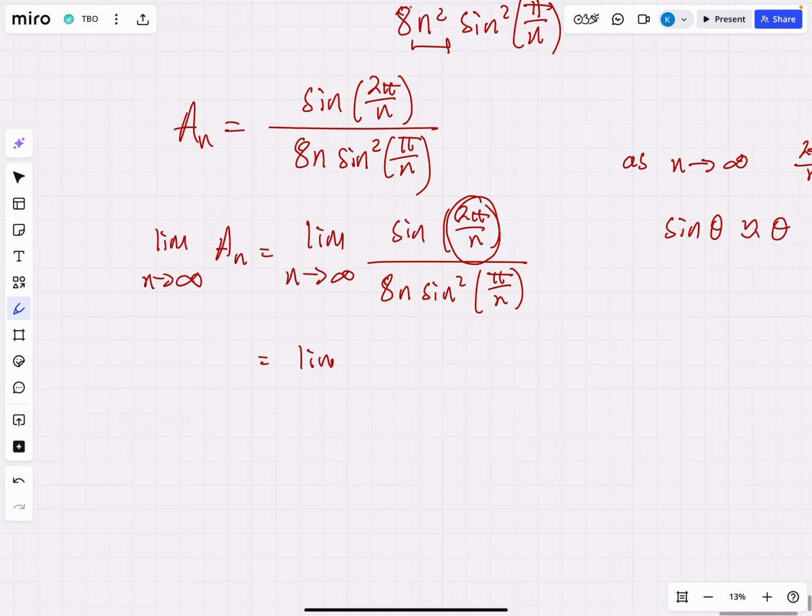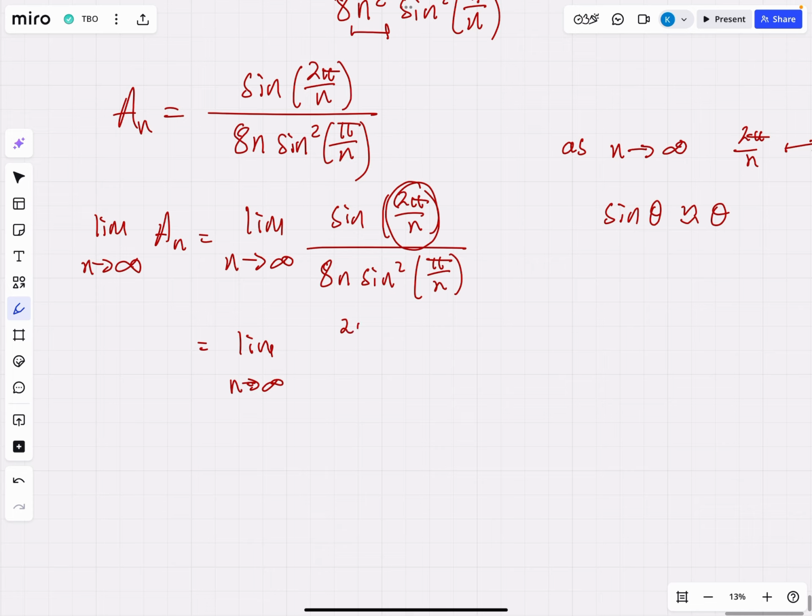So this is going to be the limit as n tends to infinity of 2 pi over n over 8n times pi squared over n squared.